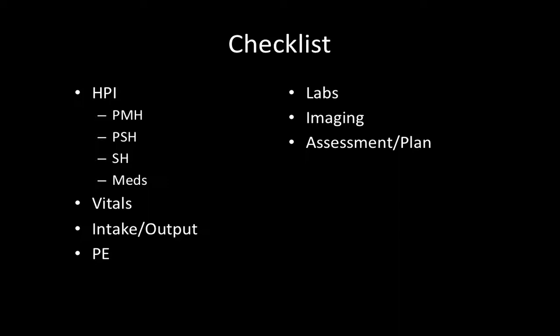I like to think of it in an HPI format and thus go through, in my mind, past medical, surgical, social, meds, vitals, intake and output, physical exam, what labs and imaging do I need, and what my ultimate assessment and plan is going to be. I'd like to run through each of these briefly.